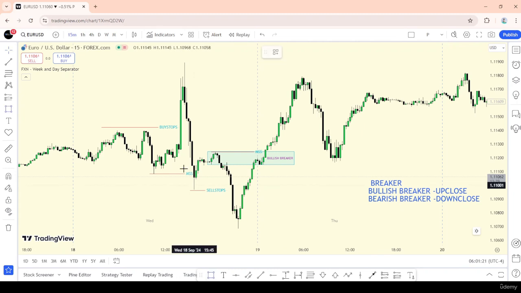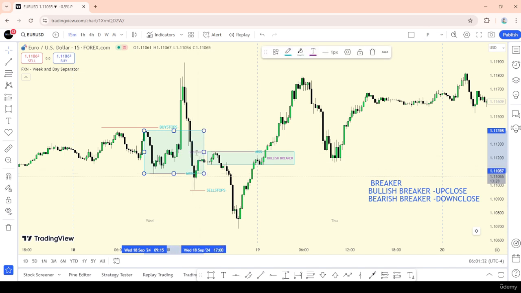So here I'll also outline these candles, and these are our bearish breaker. I'll also outline here a bearish breaker. Hope it is visible so that we may not confuse. Let me outline in a different color.